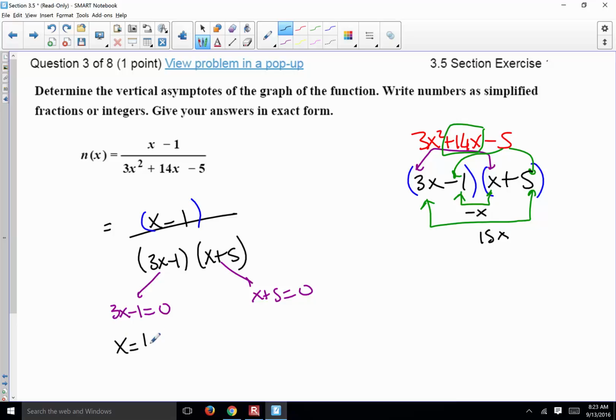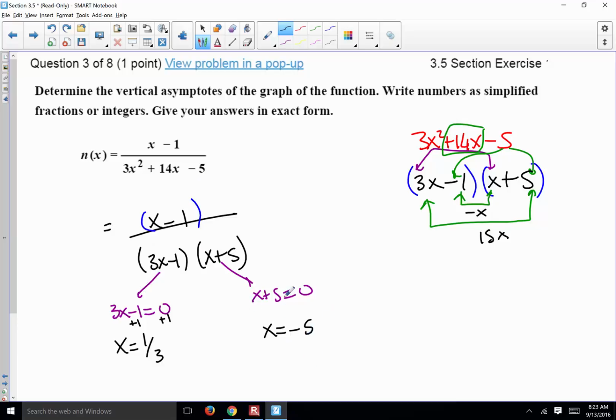This is going to be 1/3 and this is going to be minus 5. Agree? Just add 1 to both sides and divide by 3. That's how I got it. What if these would cancel?